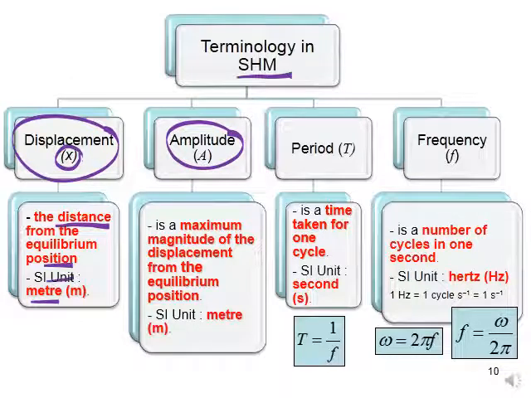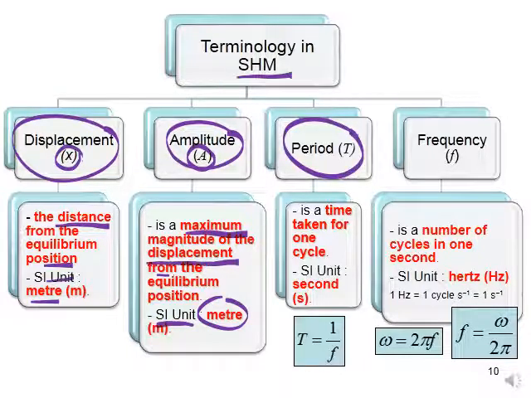Amplitude, symbol capital A, is defined as a maximum magnitude of the displacement from equilibrium position. SI unit meter. Number 3, period, symbol capital T, is defined as time taken for one cycle.